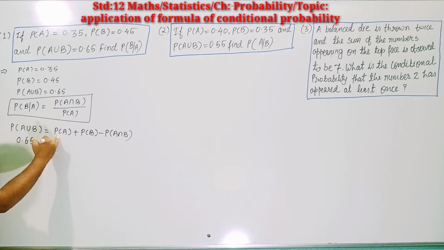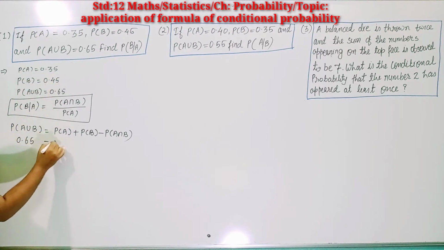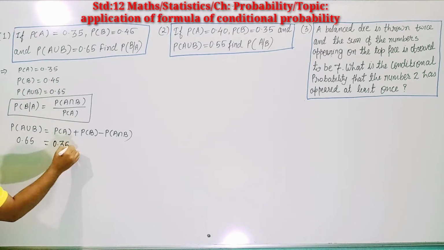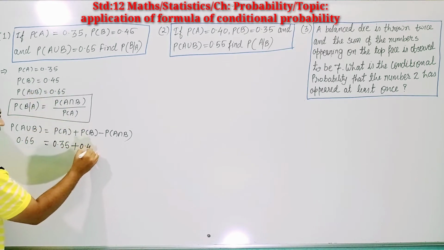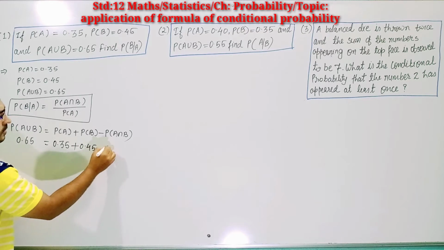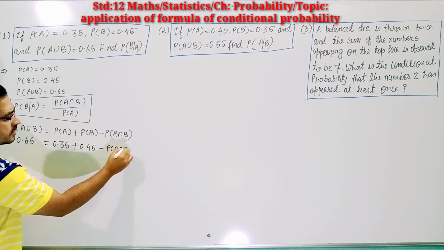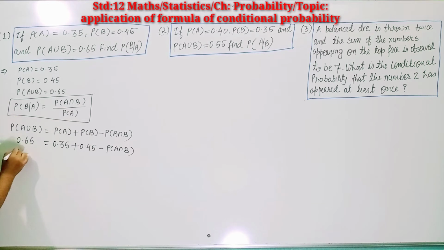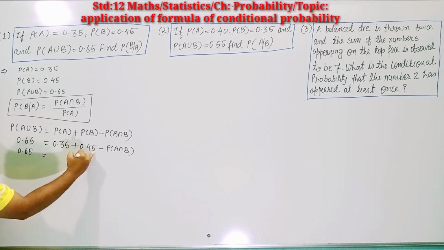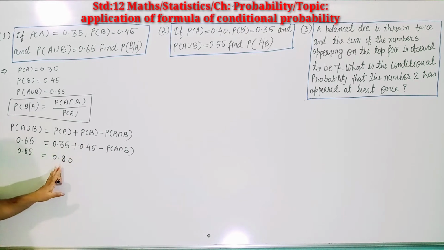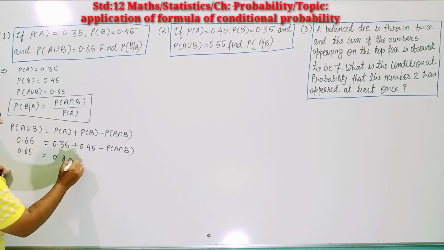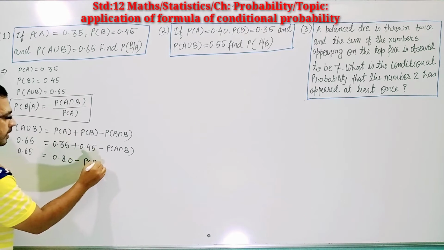Probability of A is 0.35, probability of B is 0.45, minus probability of A intersection B, which is unknown. So adding 0.35 and 0.45, what we are getting is 0.80 minus probability of A intersection B.